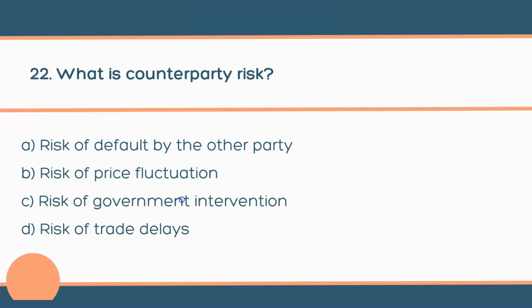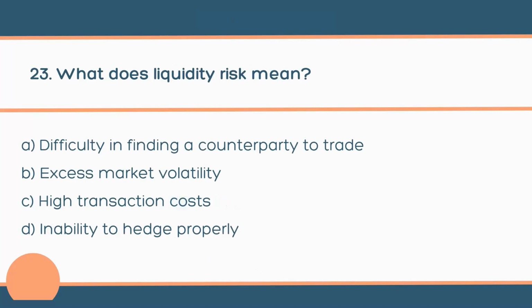So the answer is A, risk of default by the other party. What does liquidity risk mean? Low liquidity means you might not find someone to take the opposite side of your trade. So the answer is A, difficulty in finding a counterparty to trade.